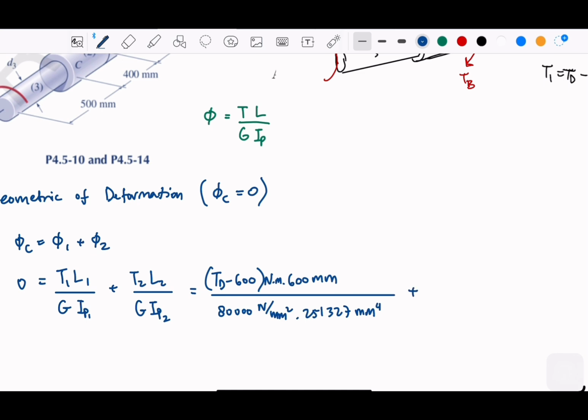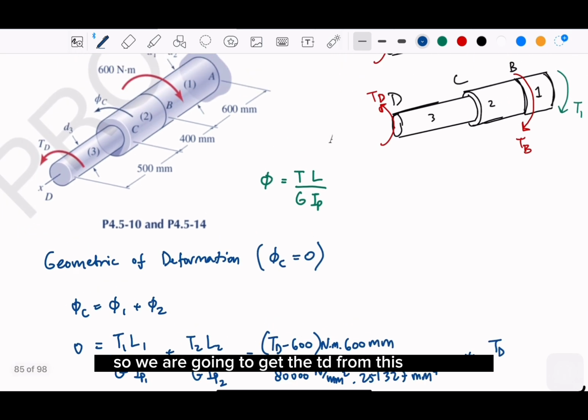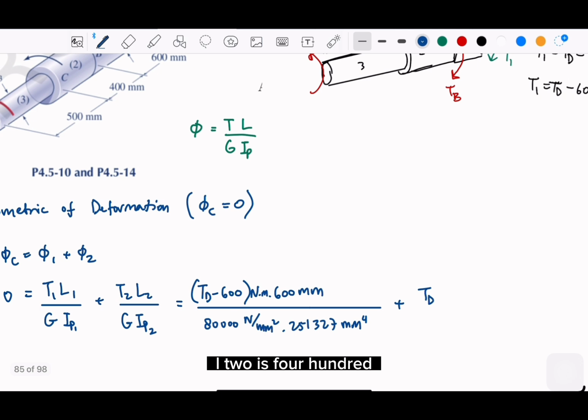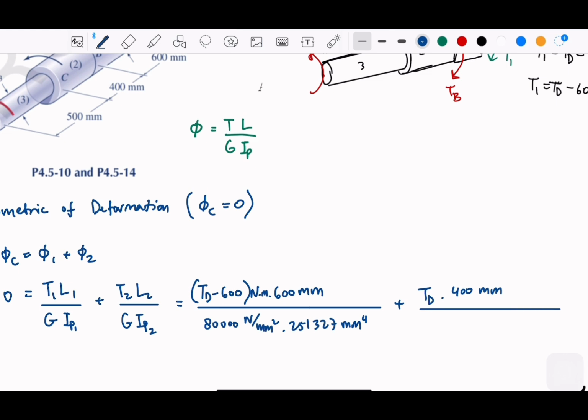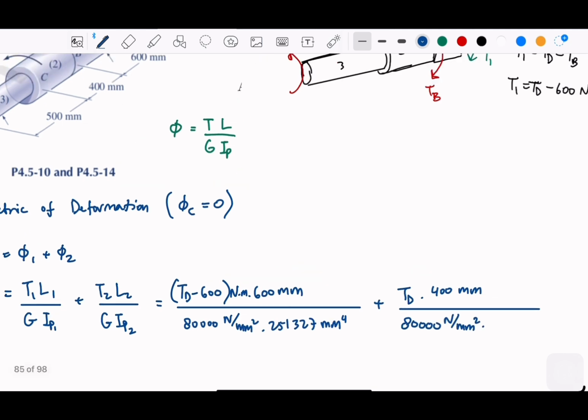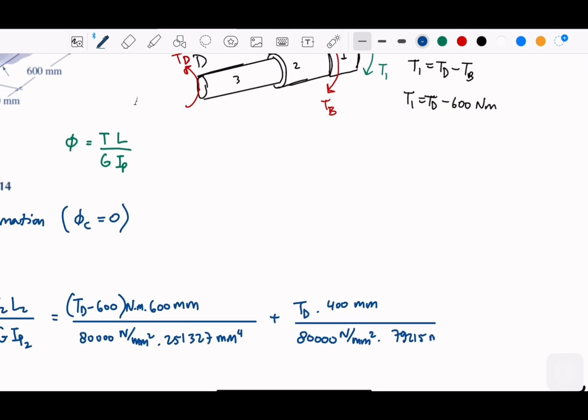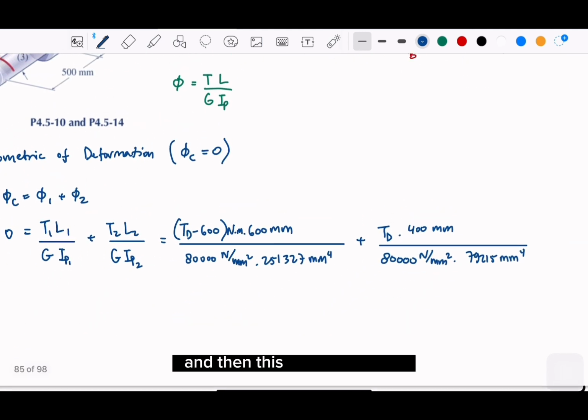And plus T2 is TD. So we are going to get the TD from these equations. L2 is 400. This is 80,000. And then multiply with 7. Okay. And then this is equal to 0.